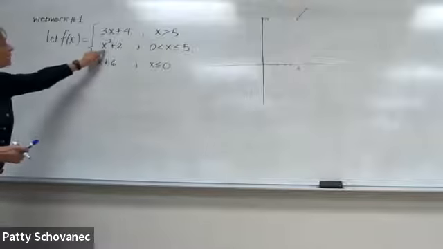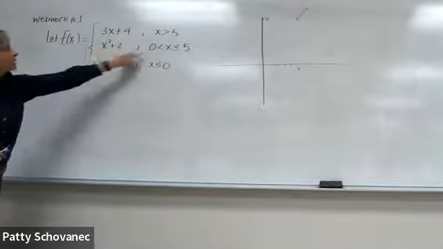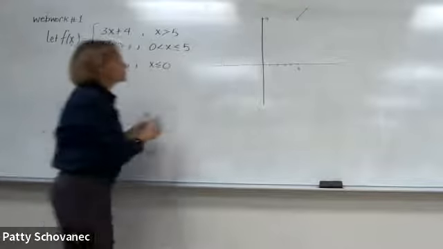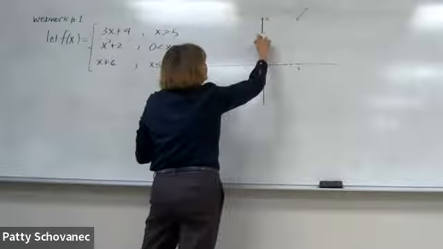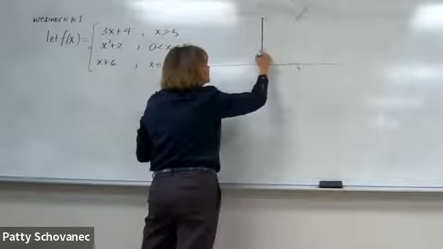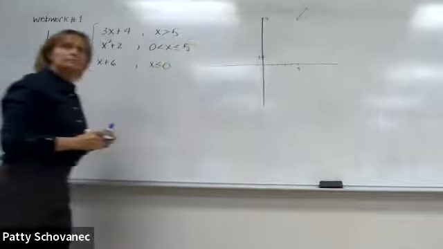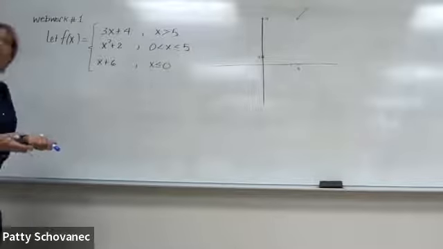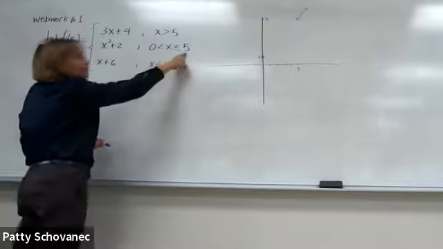Next, we have a parabola. The vertex of this parabola occurs when x is 0 and y is 2. So let's put 0, 2 up here. If that's 19, let's say 2 is about right here. Then it opens upward, but it stops that shape when x is 5.